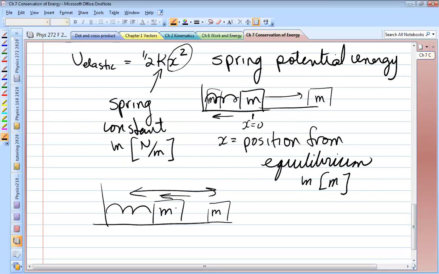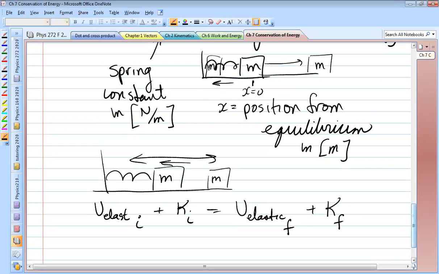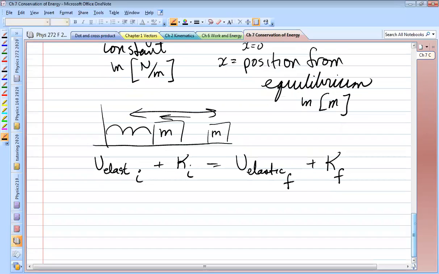And if we only have a spring acting, then once again, conservation of energy says that the elastic potential energy initial plus the initial kinetic energy is going to be the elastic potential energy in the final position plus the final kinetic energy. And those two numbers will always add to the same value. We say that that's constant.